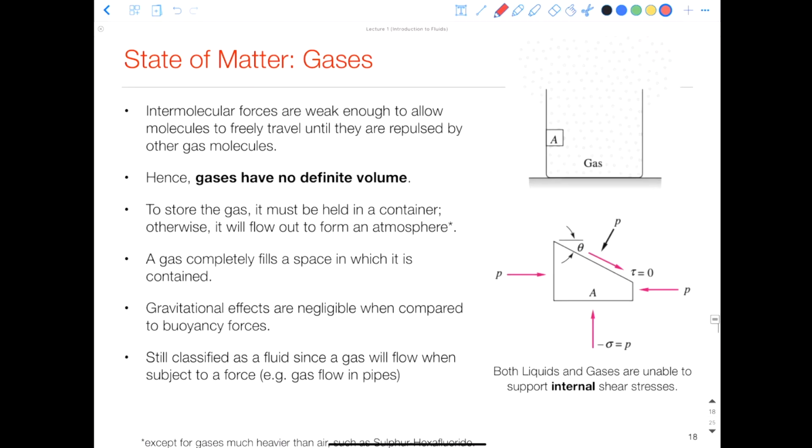There are some assumptions that we'll make about liquids that we cannot make about gases, and the same thing, there are some assumptions that we'll make about gases as we go through this course that we can't make about liquids, and this all comes down to their temperature, pressure, and density dependency.